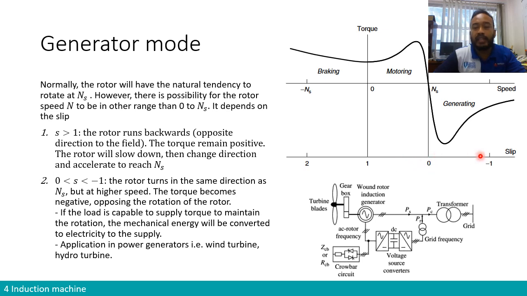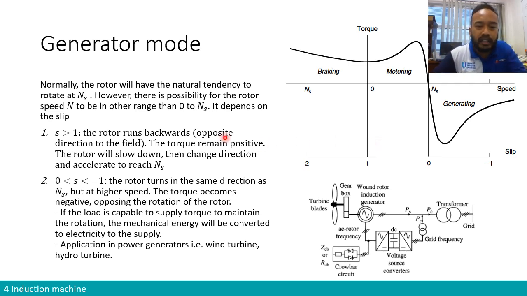It means the slip is not because the rotor is slower than the synchronous speed, but because the synchronous speed is slower than the rotor speed. It means you have a certain synchronous speed, but your rotor is rotating faster than that. It basically means that your rotor is being driven by an external force so that it rotates faster than the synchronous speed.